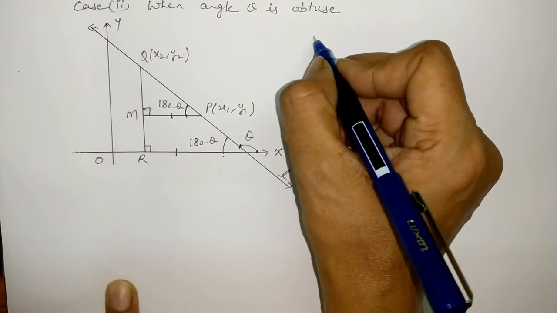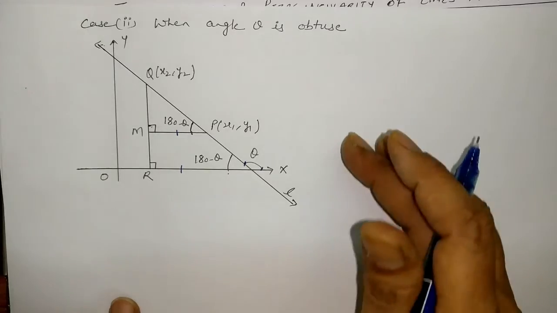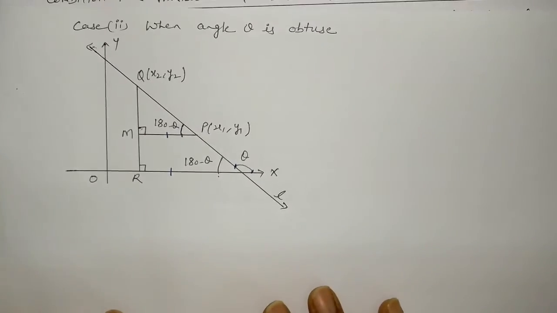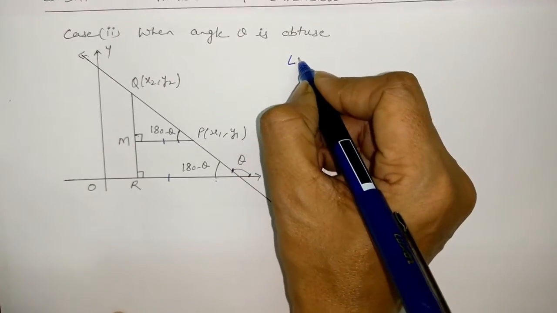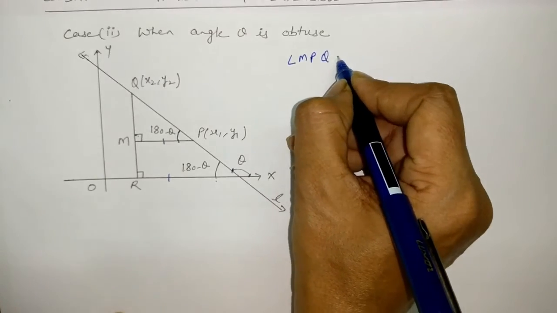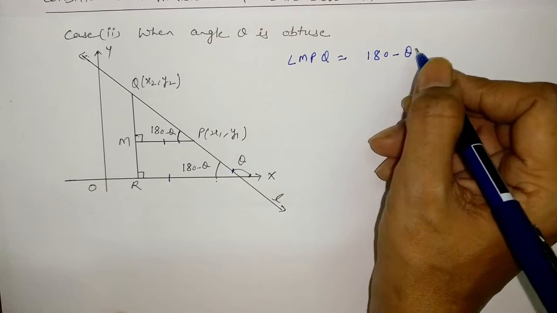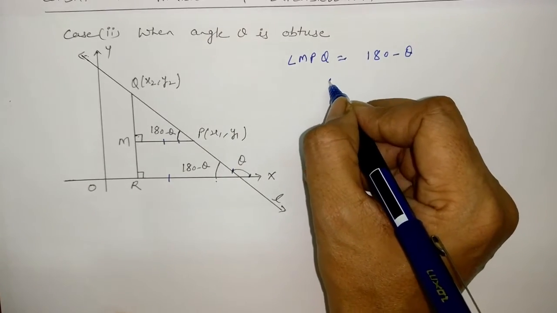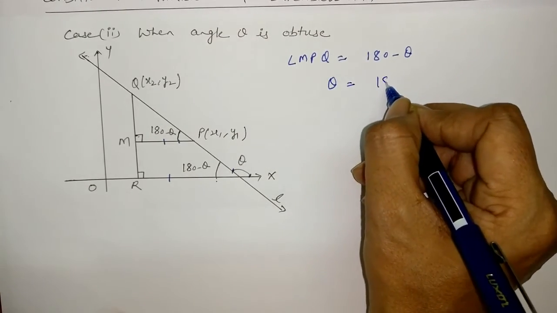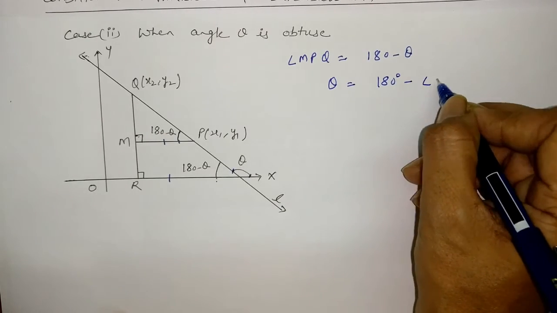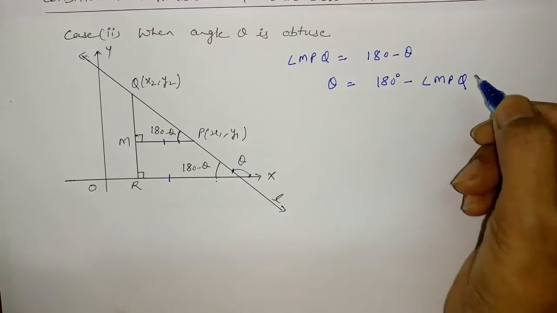So angle MPQ is 180 minus theta, or we can say that theta is equal to 180 minus angle MPQ.